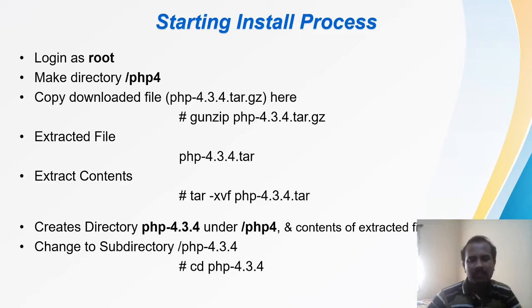Okay, now I have to install it. Similar to Apache, first you have to log in as root. Afterwards, make a directory called /php4. Now copy the downloaded file, php-4.3.4.tar.gz, into this directory. The file ends with gz, which means it is a compressed file, so you have to extract it.